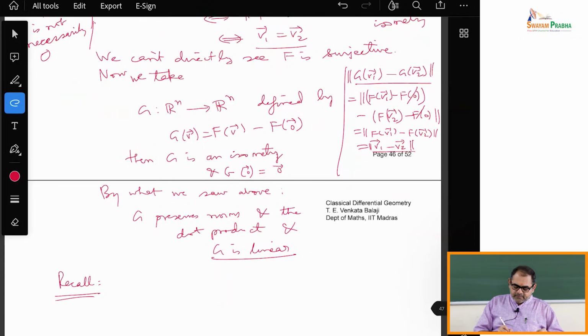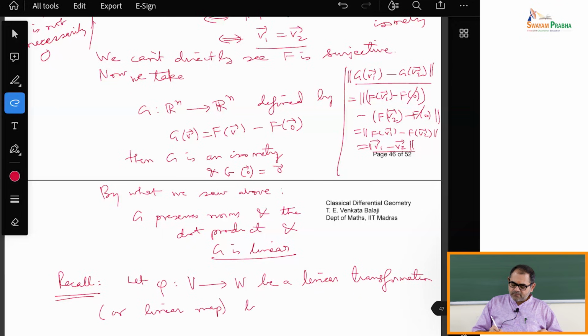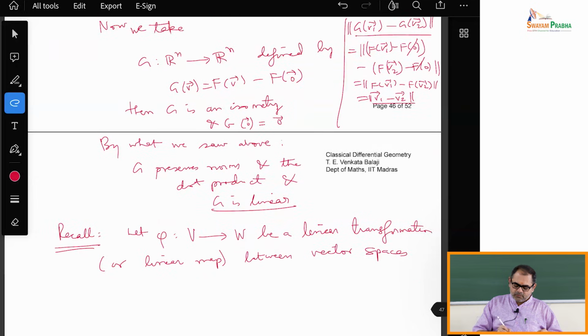Okay, let phi from V to W be a linear transformation or linear map between vector spaces over a field F. Okay, see, for our requirements, both V and W will be just good old n-dimensional real space, with the usual n-dimensional vectors.